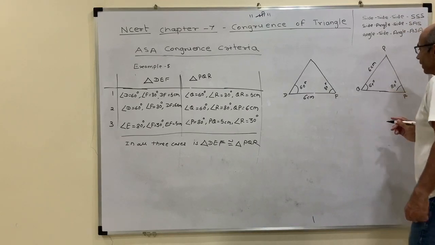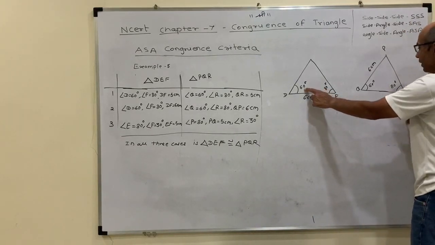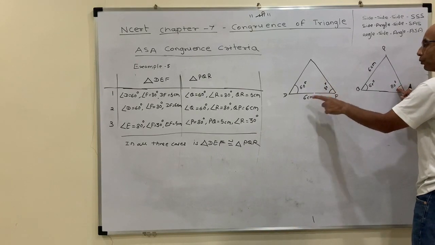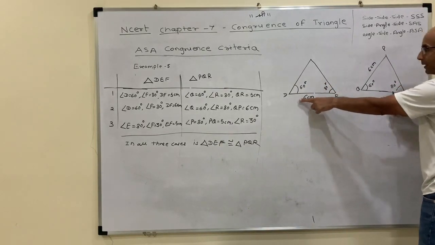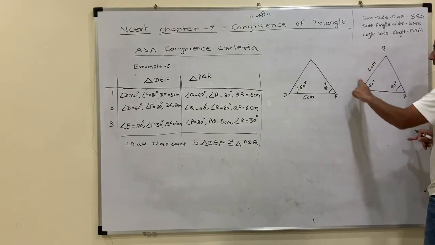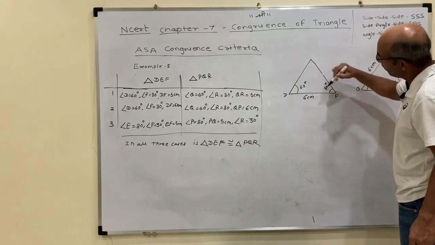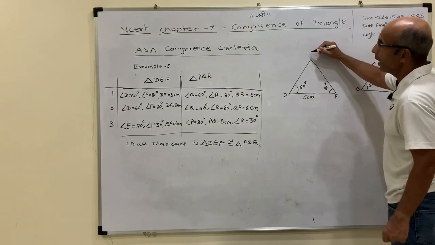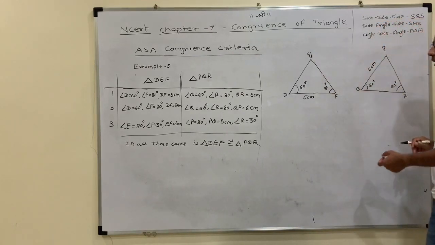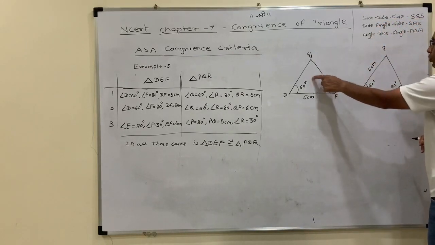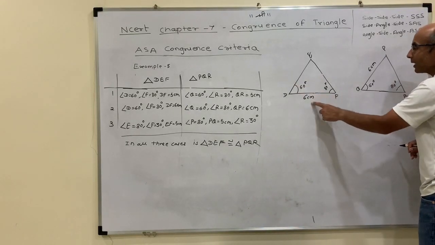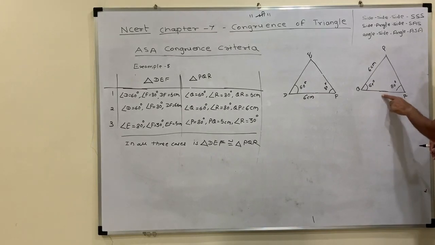Now see, here this angle and this angle are equal, this angle and this angle are equal. But we are not sure about this side and this side, because this side is given and this side is given. Though they look identical, we can't say that these two triangles are congruent, as we can't apply angle side angle because here the side is not given.